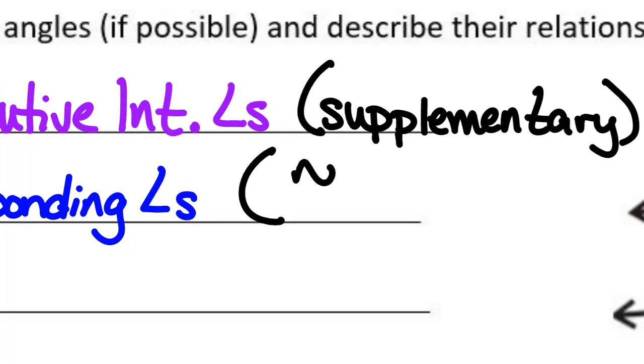Congruent. What are the only three that I have that are supplementary? Linear pair, consecutive interior, consecutive exterior. So same side interior, same side exterior, or a linear pair. Those are the only ones that we've talked about that are supplementary.